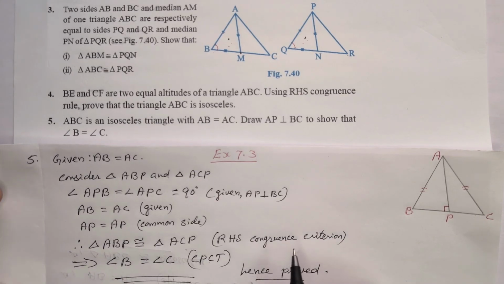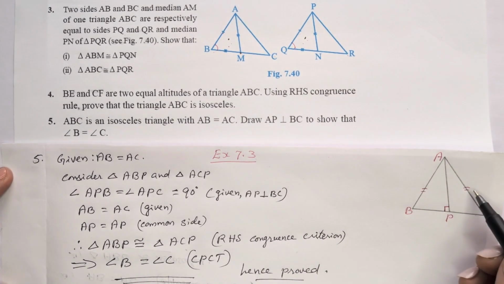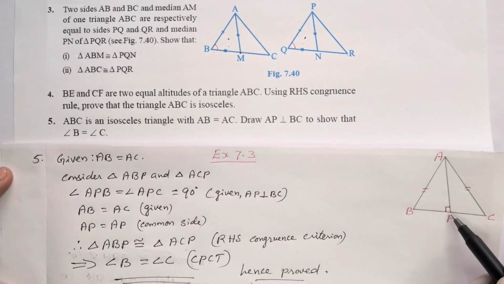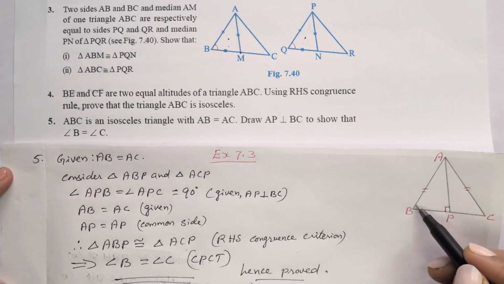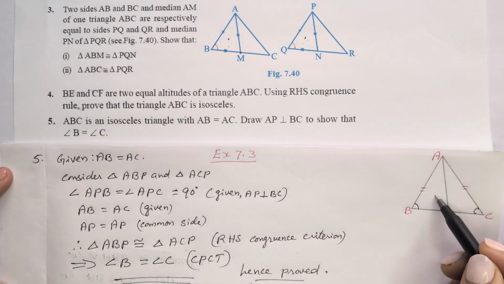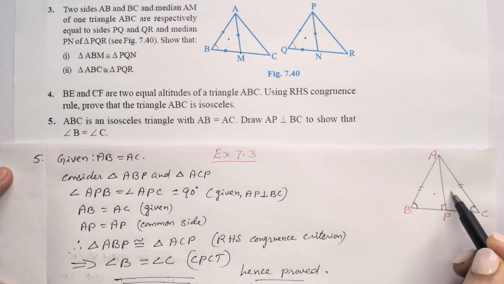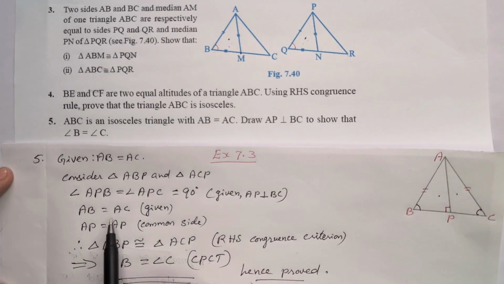Now fifth question: triangle ABC is an isosceles triangle with AB equal to AC. Draw AP perpendicular, that means 90 degrees, to BC. Show that angle B is equal to angle C. For that, first we have to consider these two triangles. Here AB is equal to AC, that is given.